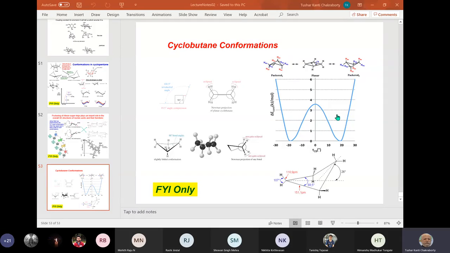But when I raise the temperature, interconversion happens, because, as you have seen in the energy diagram, cyclohexane going from one chair to the other has to pass through some energy barriers. And those energies are available at room temperature, 27, 28, 30, 40 degrees. So those interconversions are very rapid, and you see an average picture.